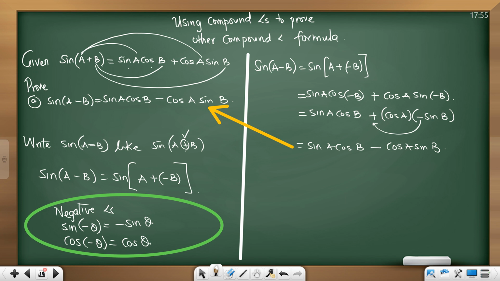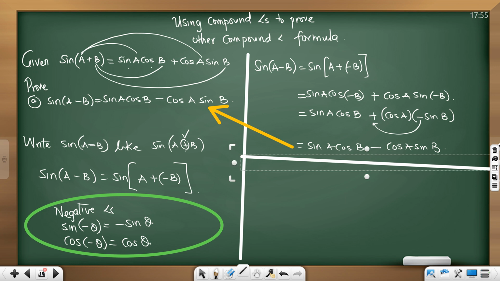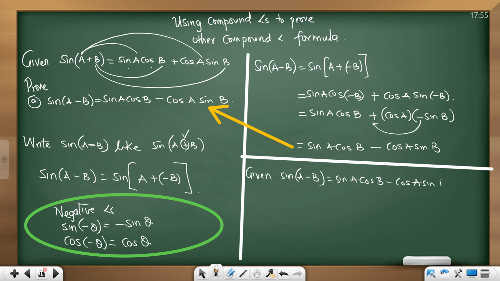Same trig ratio. Guys, given sine A minus B, now prove sine A plus B. You try that quickly. Given sine A minus B equals sine A cos B minus cos A sine B, you prove that sine A plus B. I'll give you just 3 minutes.